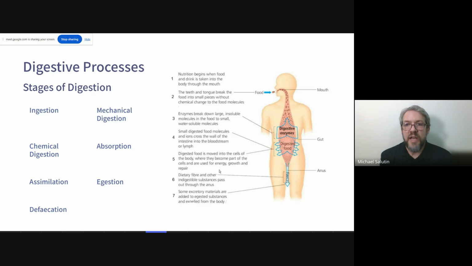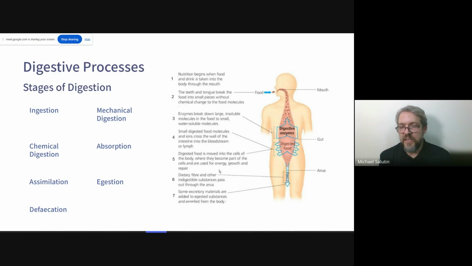We will have a look at that a little bit later. Amylase starts to break down complex carbohydrates into simple sugars as soon as you are chewing on them, and it begins that process. But it doesn't take it all the way through. So we are going to consider that that's not the beginning of chemical digestion here.